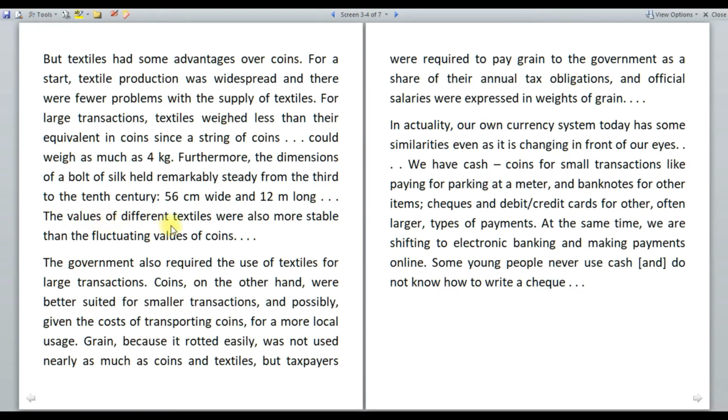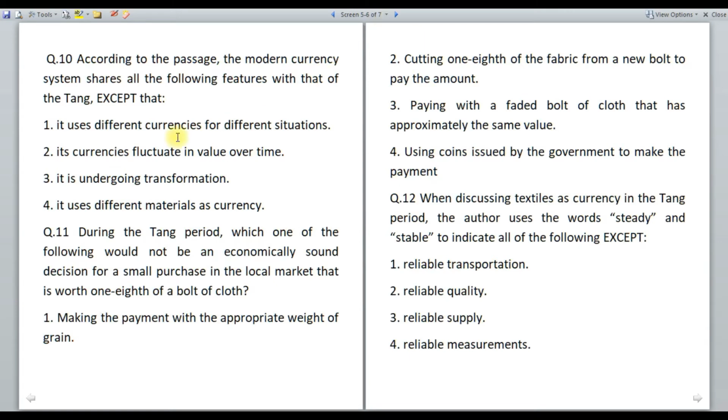The values of different textiles were also more stable than the fluctuating values of coins. So the values of coins fluctuated and coins are used in the modern era also, and therefore we can say that this could also be a common factor between the currency system of the Tang era and the modern era.